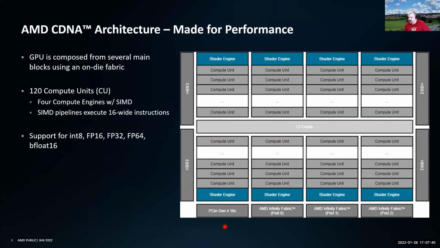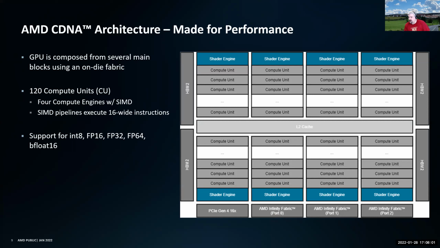Then we have the PCI Express ports that connect the GPU to the host system. And then there's a whole bunch of Infinity Fabric ports that we use to interconnect, in this case, several of those MI100 GPUs, and a similar design is also used for MI200.